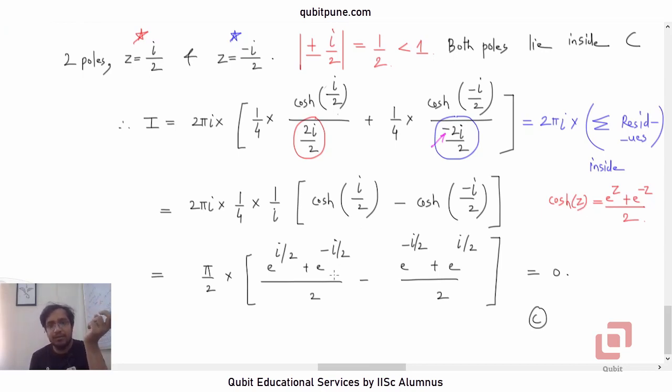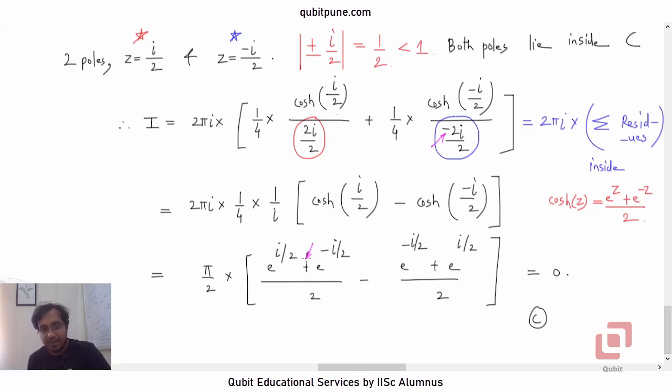But nonetheless, if you want to continue simplifying it, the first step will be taking 4 common and i common from the denominator. So 2 pi i into 1 upon 4i, cosh i/2 minus cosh negative i/2. Just apply the definition. In the first case, z will be i/2. In the second case, z will be negative i/2, but that is not going to make any difference because we have an addition sign here.